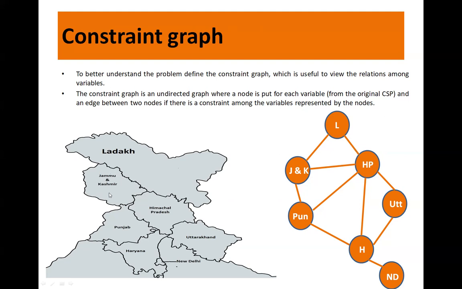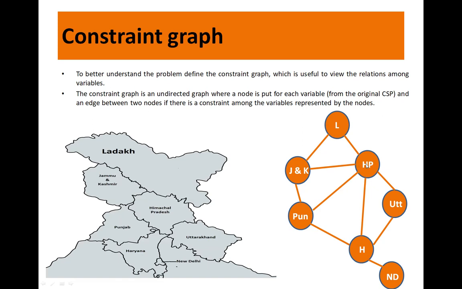Fine. Now look at Jammu Kashmir. Jammu Kashmir is adjacent to Ladakh, Himachal Pradesh and Punjab. Whenever there is a relation, it is shown with an edge. Fine. If you look at Himachal Pradesh, it is adjacent to Ladakh, Jammu Kashmir, Punjab, Haryana and Uttarakhand, right?